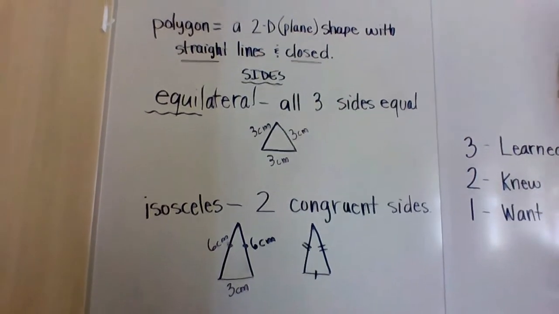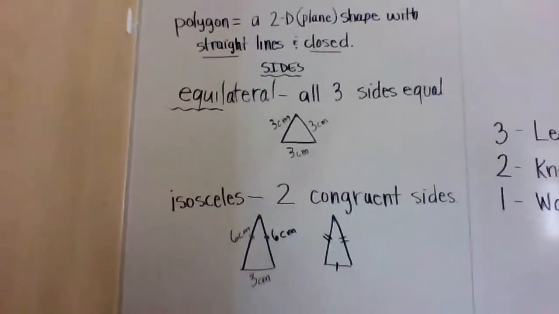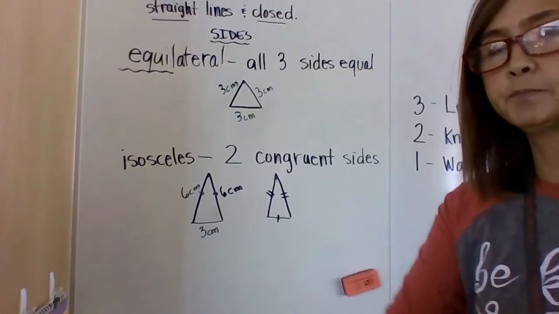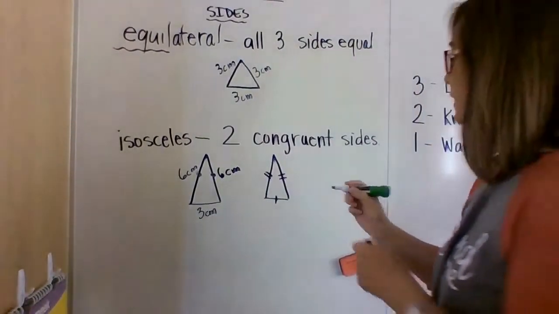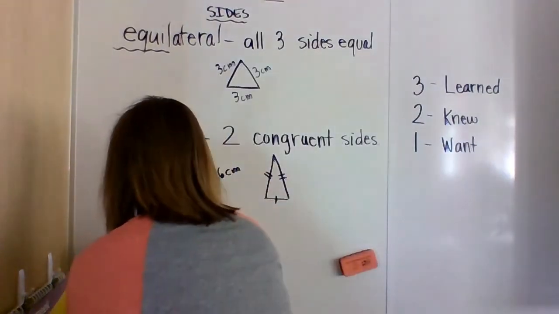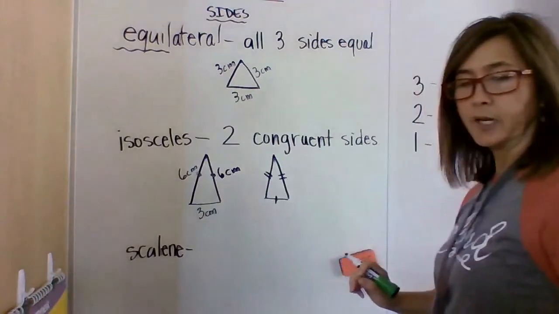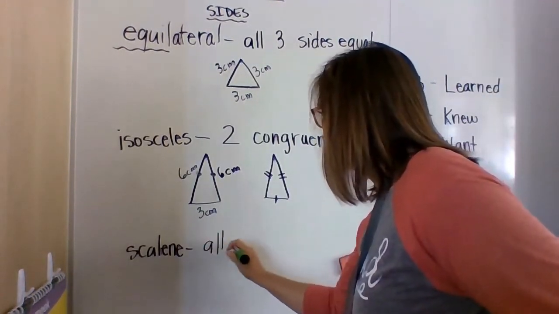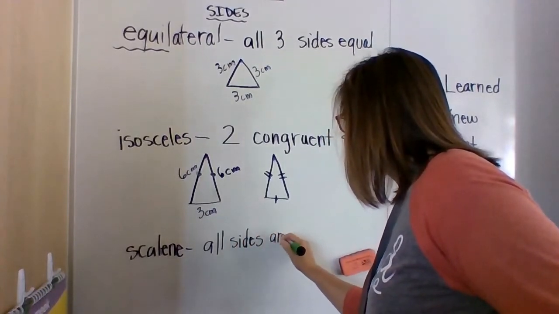Okay, let's look at another one. I'm going to scoot us back here and slide our screen down a bit. So our next one is a scalene. On a scalene triangle, all sides are different.